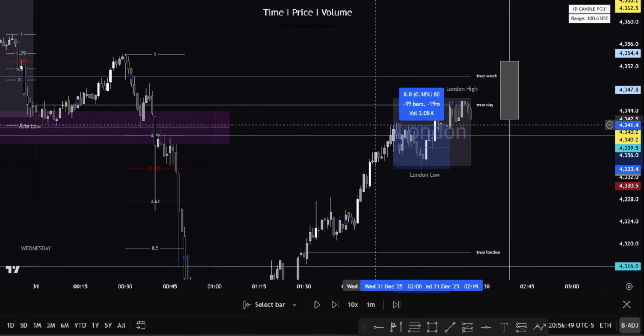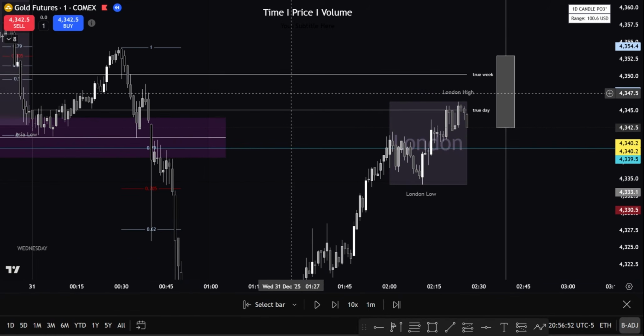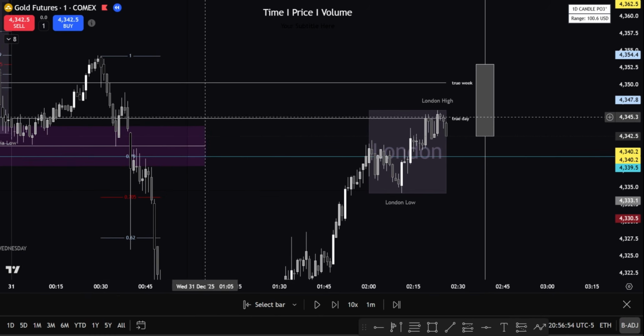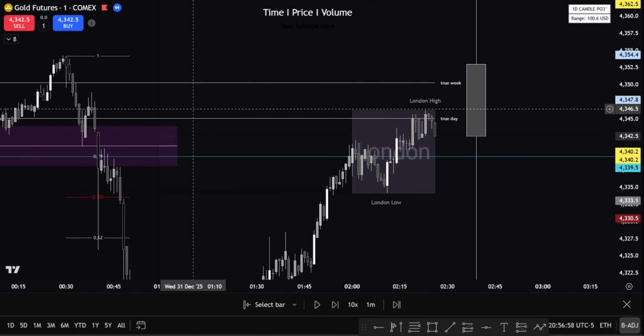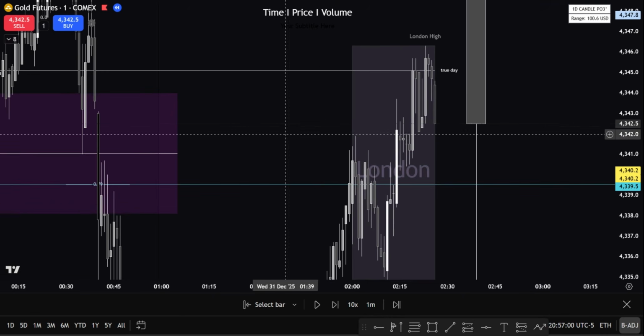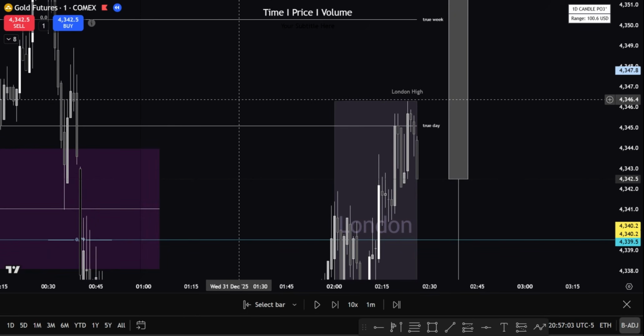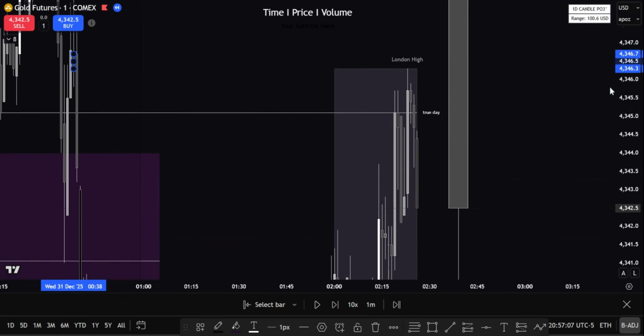This was still bullish. IFVG, IFVG, 1 minute FVG, reaction of this key level, and also this supply. Yeah, it was a no drawdown level right there.